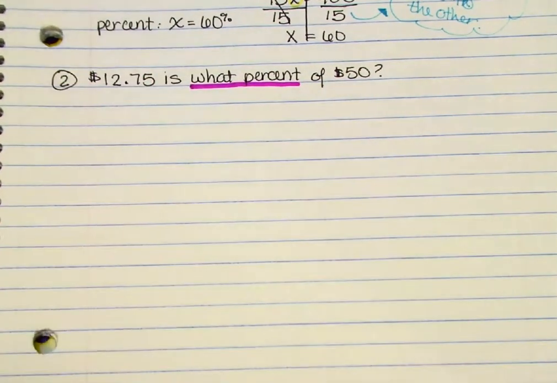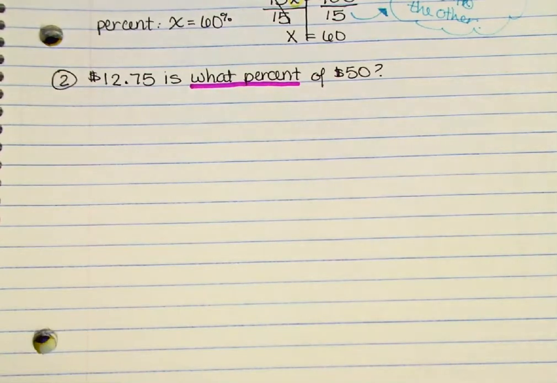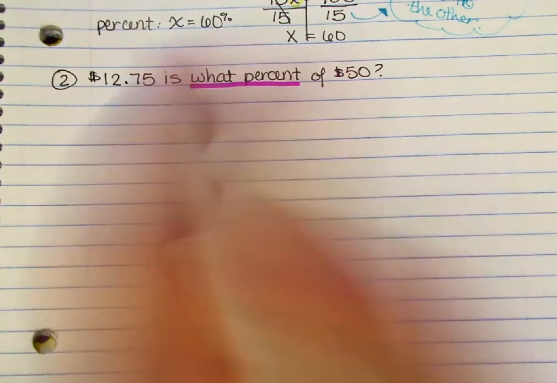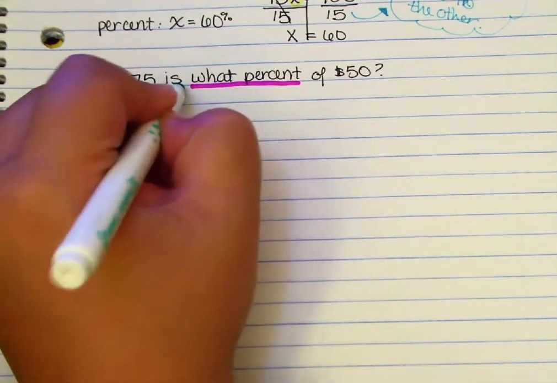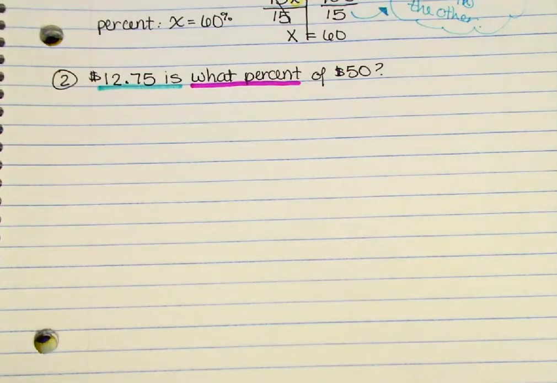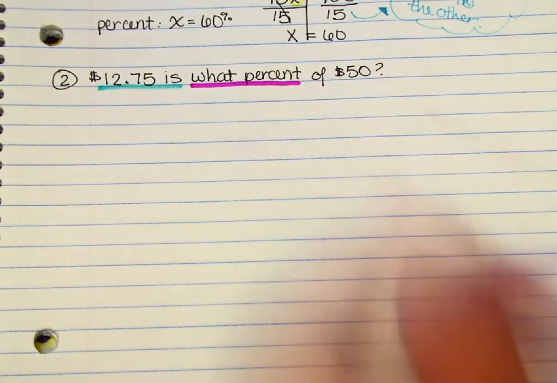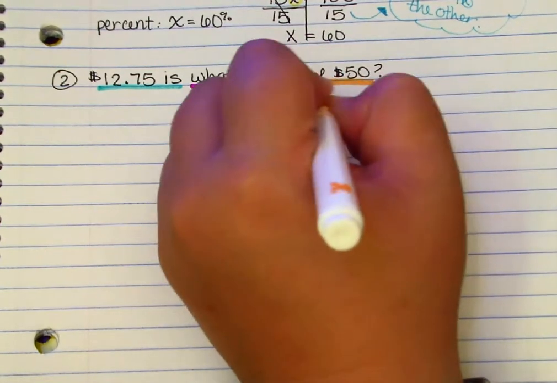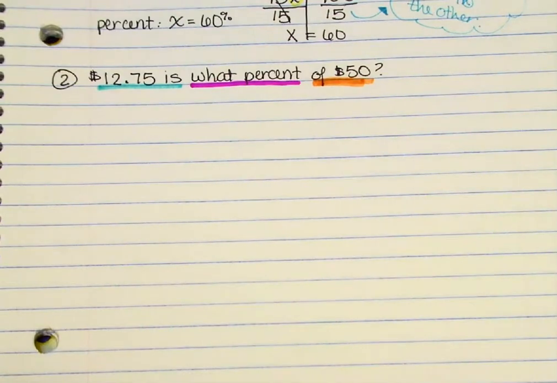So that what percent automatically tells me I don't know the percentage for this. Okay, and then the is, it's just a little backwards, but this is still our is because it's telling us. Instead of saying is 9, this one is saying 12.75 is. So just a little tiny bit backwards. And then the of 50, this one is still there.